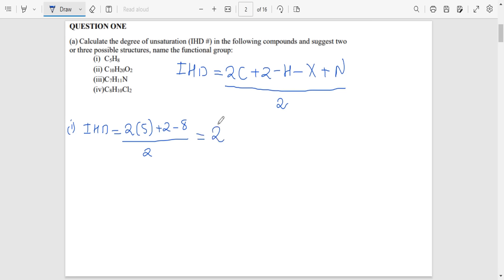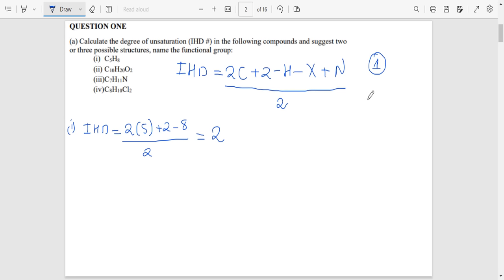Now, when we have an IHD of just 1, it means that we either have one ring or one double bond. If we have an IHD of 2, it means we can have one ring and in the same ring also a double bond, or we can have two double bonds, or we can have two rings for that compound.